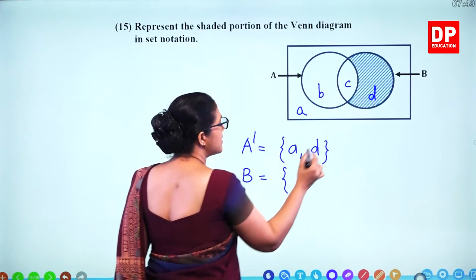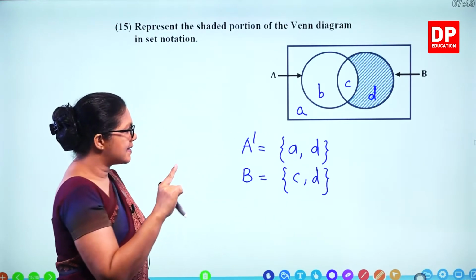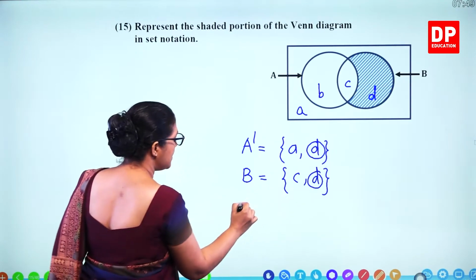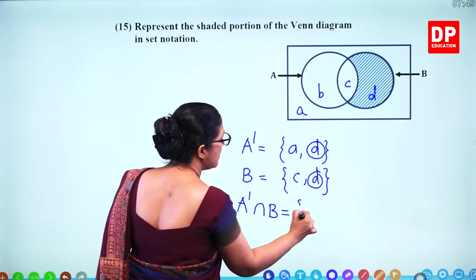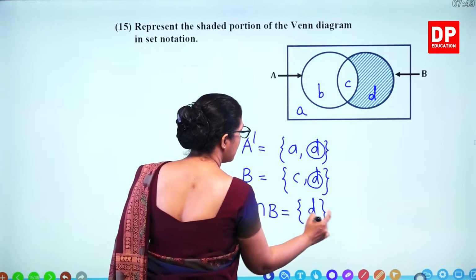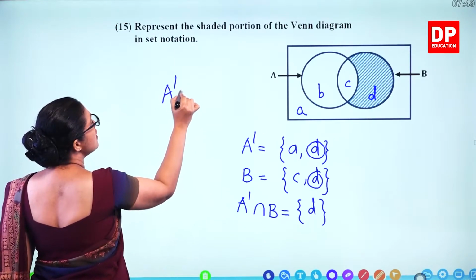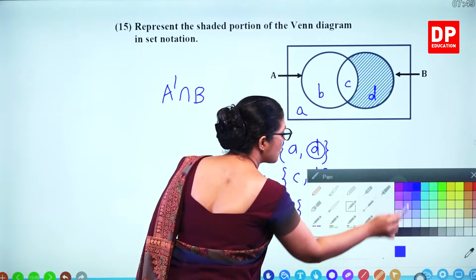That's the B circle, C and D. But we need only D. That's the common term. So common term means A dash intersection B is D. So what's the shaded part? A dash intersection B. So 2 marks for that.